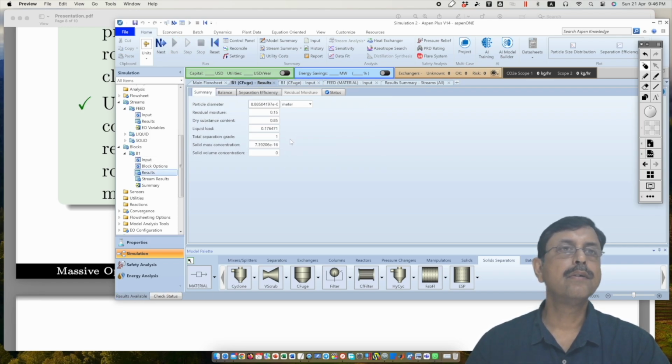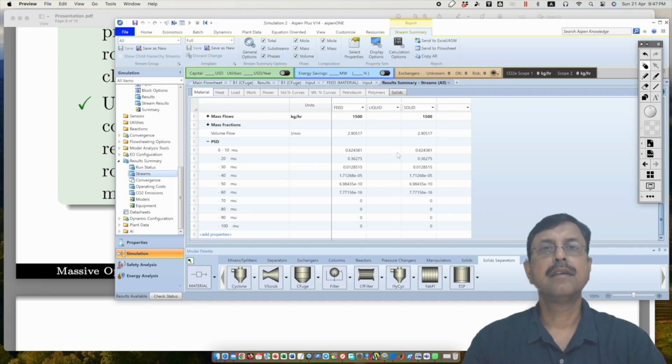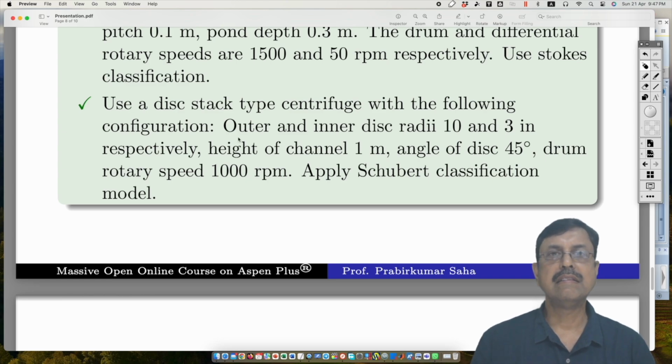Again, the separation grade efficiency is 1, which means entirely it is going to the solid stream, nothing in the liquid. So these problems are set in such a way that the entire solid portion is going into the solid stream, so maximum efficiency. In real life, such cases are not common.